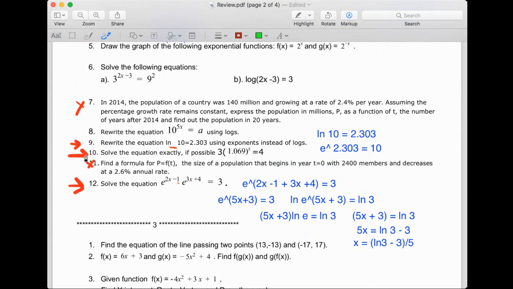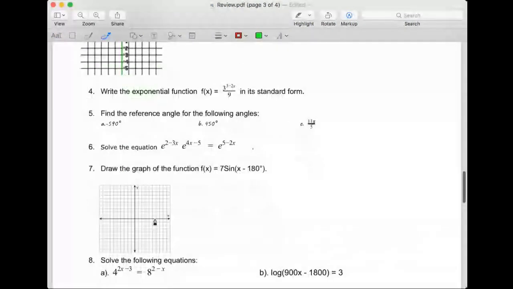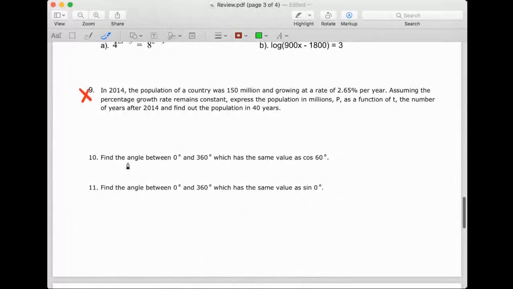Is this 10? No, not that one. I think it's below. This one? 10, 11? Because I know how to convert degrees and radians, but I don't know how to find the same value if it's given cosine 60.